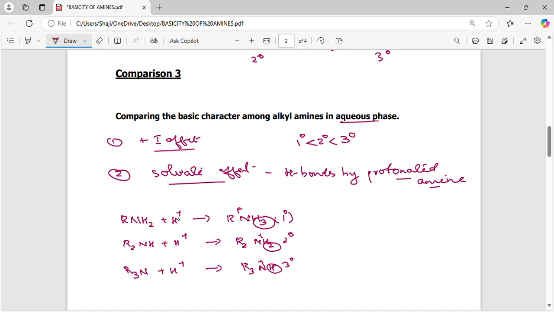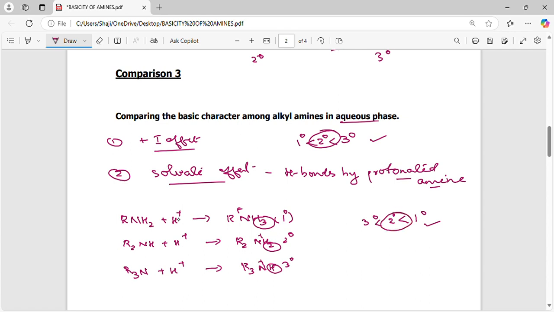That's the concept. Because of more number of hydrogen bonds, we can say that primary is more basic than secondary than tertiary. But in plus I effect, we told the reverse order. Tertiary is maximum. But in solvate effect, primary is maximum. So both the orders are opposite to each other. So to make the final or overall order, we take secondary.